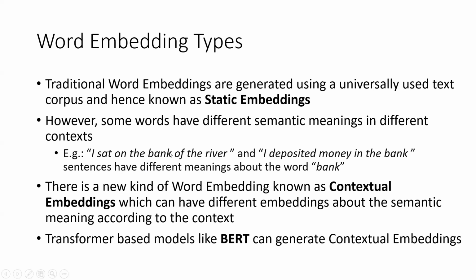So by just looking at this word, you can't say which vector or which semantic should be used in either of the sentences. But using contextual embeddings, you can look at the sentence and find the relevant meaning of each word.